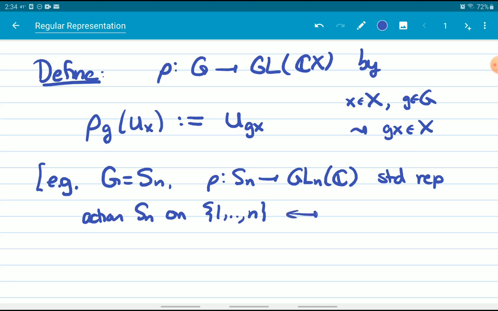That corresponds to the standard basis inside C to the n. And this formula gives me the formula for the standard representation. But in fact, I can do this for any G set.